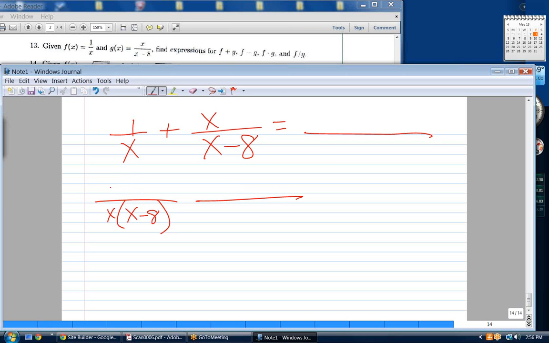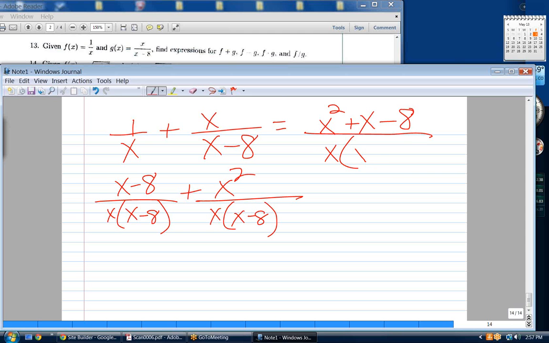So what's the numerator in the term on the left? X minus 8. And the numerator here? And now the x squared. So our answer is f plus g.